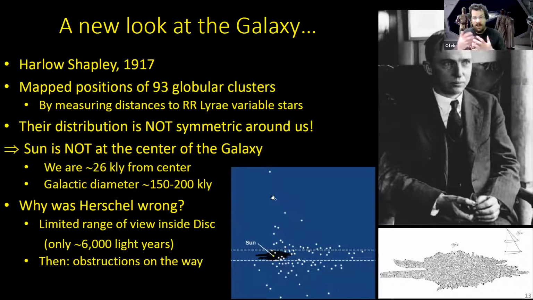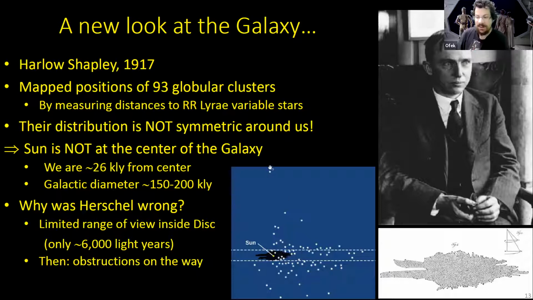And what Shapley found out was that contrary to the Herschel measurement of stars, which appeared to be symmetric around us on the plane, the globular clusters are not symmetrically distributed around us.